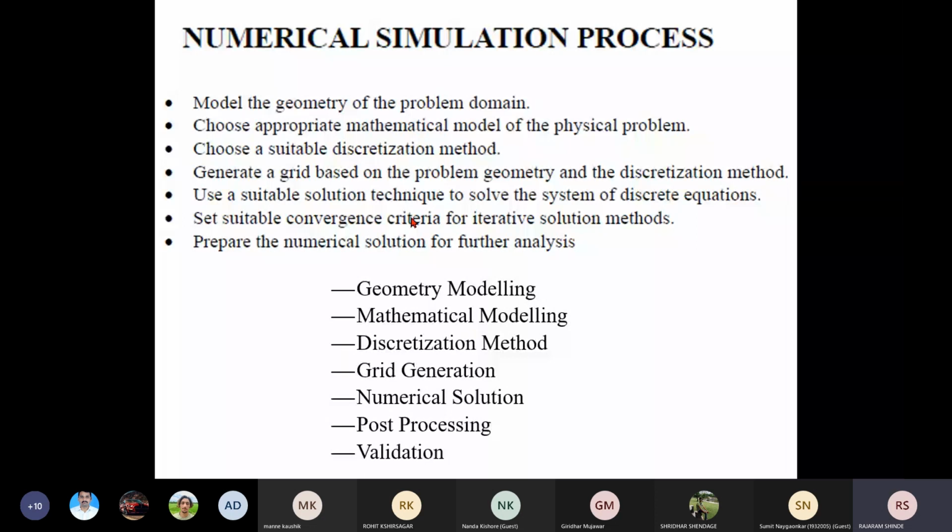After that you prepare the numerical solution for further analysis. And these are the steps in short: geometry modeling, mathematical modeling, discretization method, grid generation, numerical solution, post processing and validation. In post processing we are plotting the results.